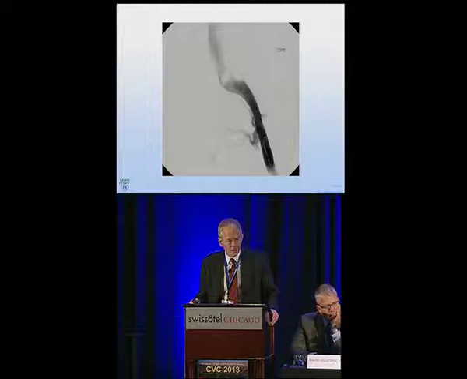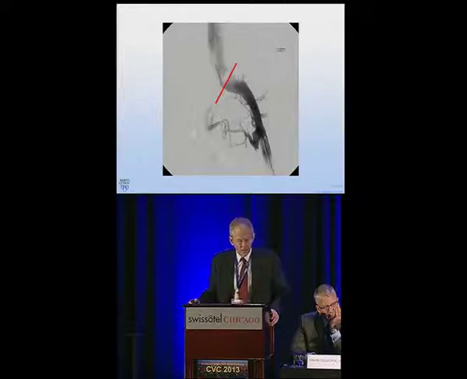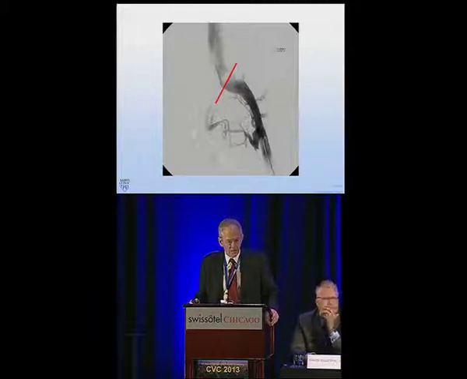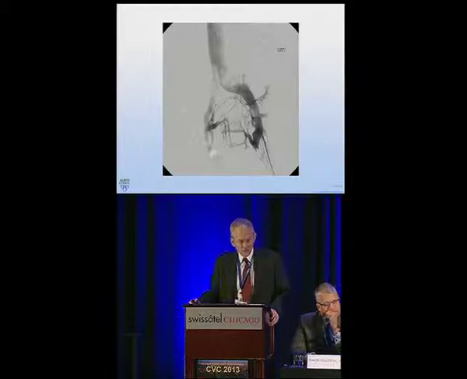You clearly see the impression here of the common iliac artery as it crosses in front of and presses the vein against the spine. And you can see clear signs of the venous hypertension that occurs beyond that, where the blood finds a way into the deep venous system, the internal iliac vein, trying to escape and find an easier route up to the heart.